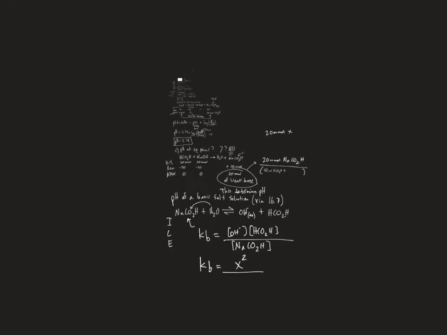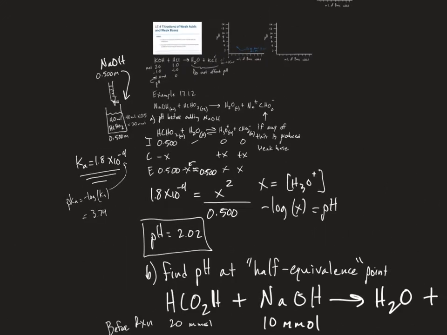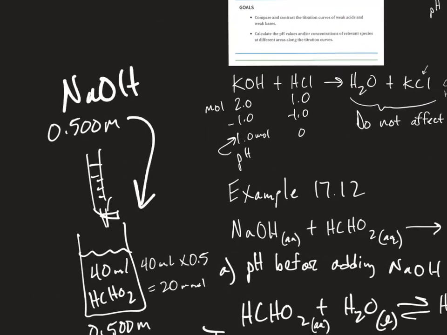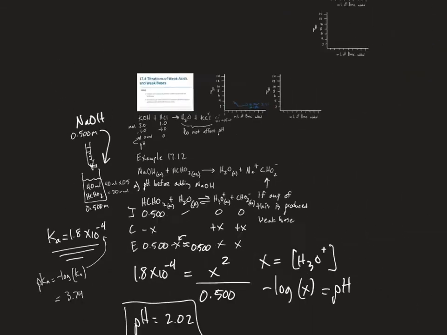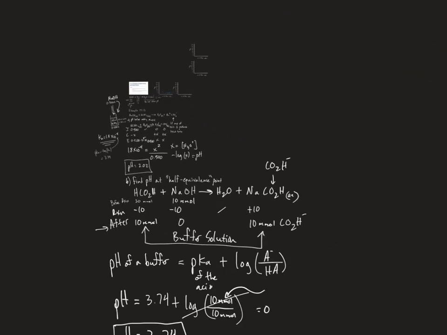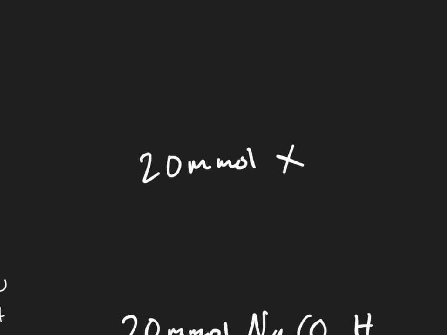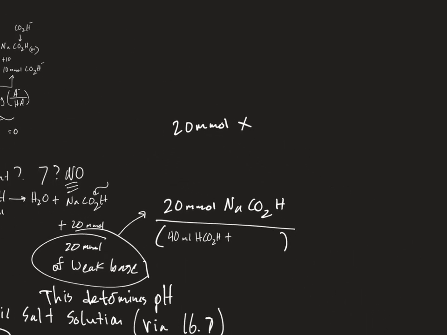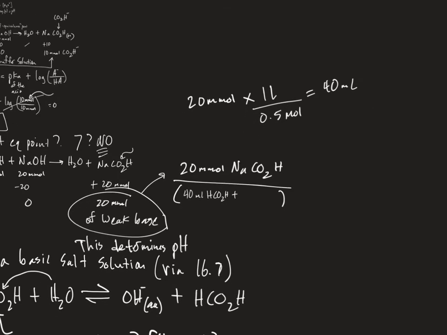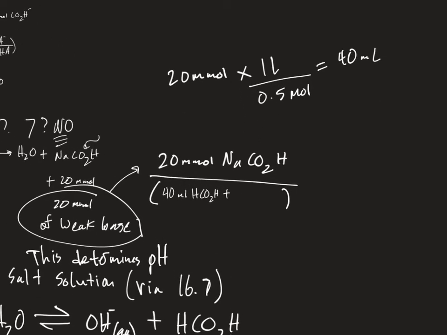It was 0.5. We go back up here, 0.5 molar. Our acid and base have the same molarity. If I divide by that molarity, this converts to milliliters. So yes, it's the same as the acid solution.